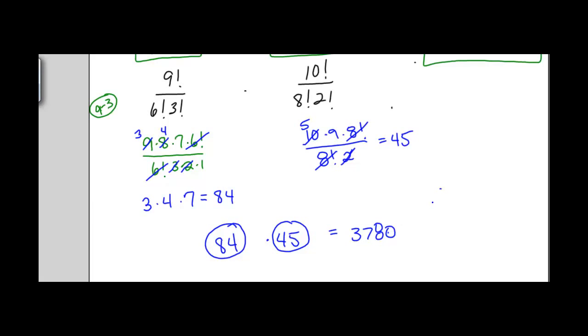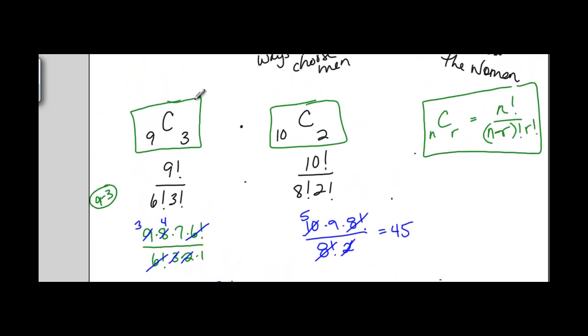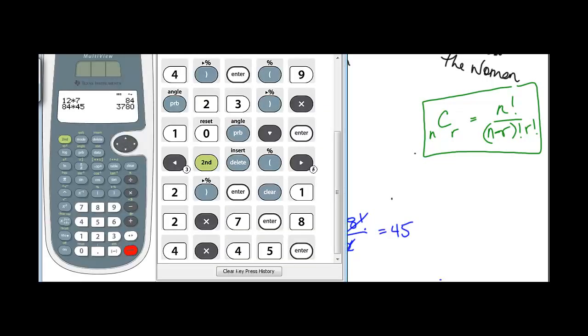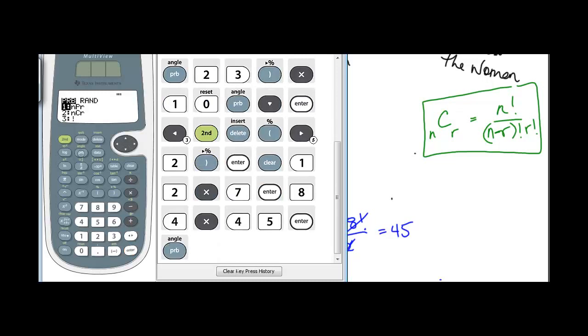Also in your calculator, we could come back up here and use the combination button under probability. So if I use a combination of 9 choosing 3, then under the probability key, option 2 is a combination. But I would first need to type in the total.